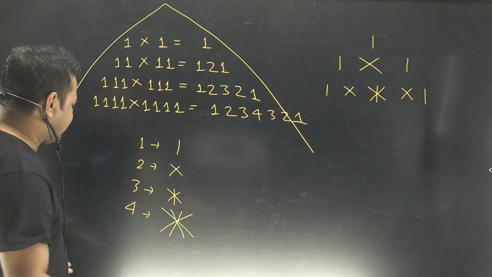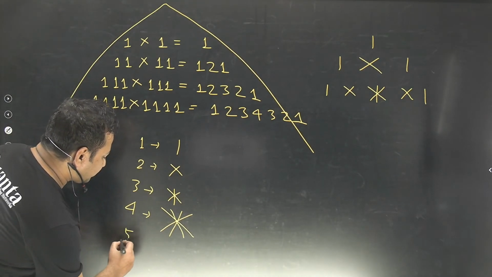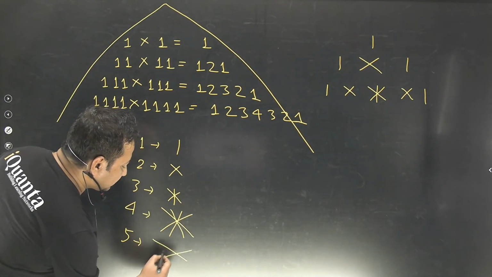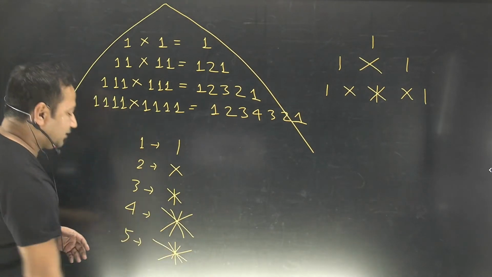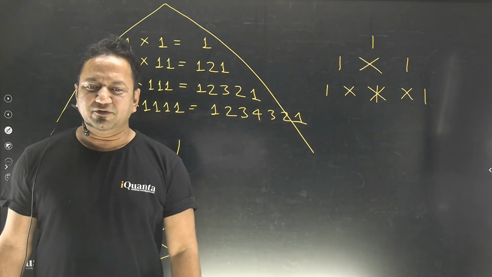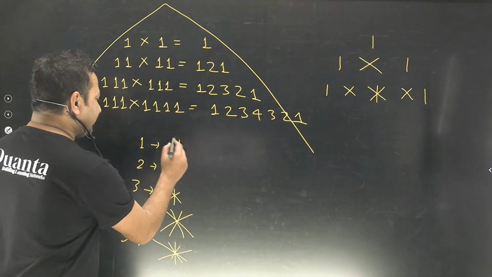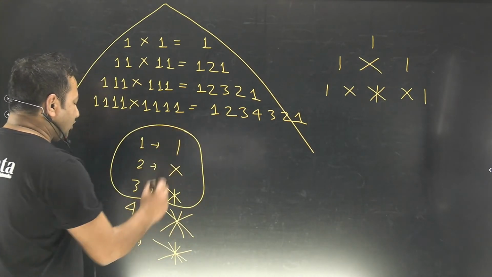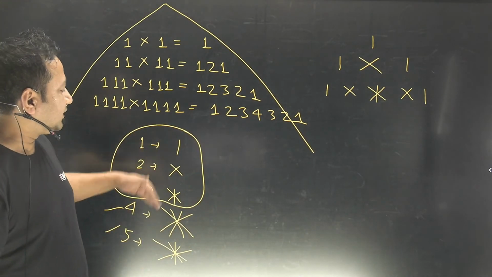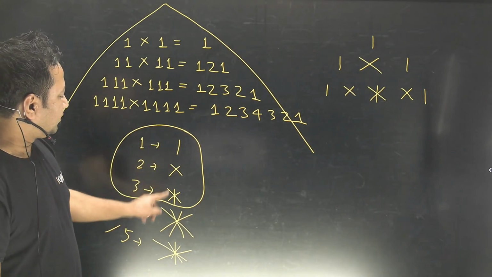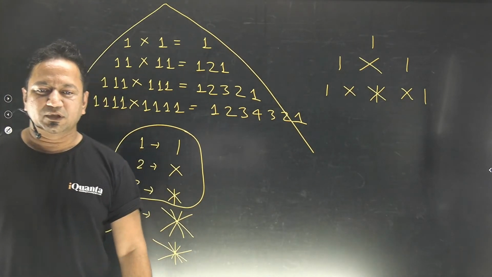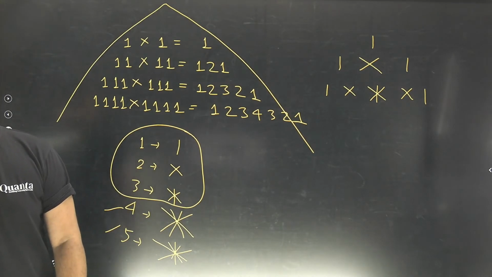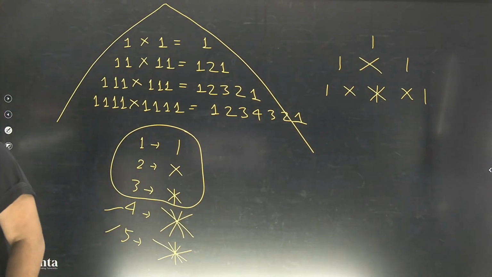Quite understandable. Similarly, if it was 5, then 2 crosses and then 1 vertical line. By the way, we are concerned only with the first 3. We'll move on with 4 and 5 later, but the first 3 have to be understood. 1, 2, 3. That is simple to understand. Right? Got it, Kirti? You understood about 5?